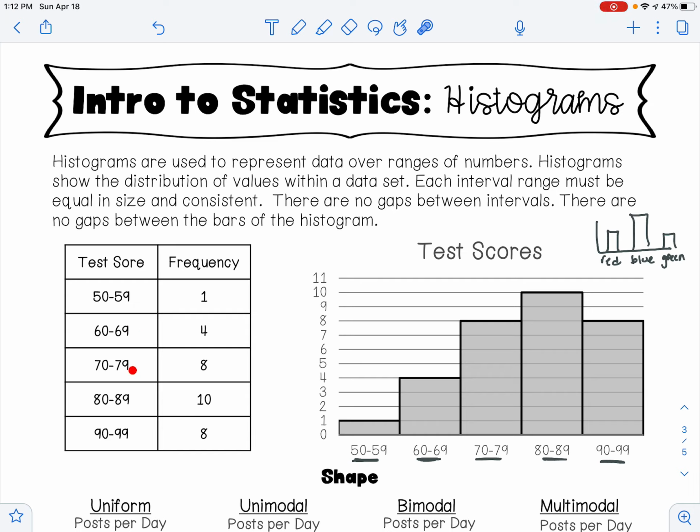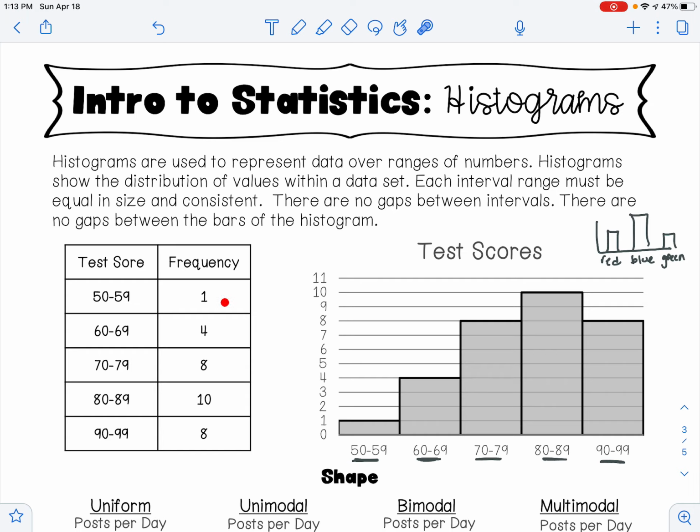The next one after that would have to go from 56 to 58, and so on. So you just need to be consistent with your scale, and you need to have them go up by the same amount every time. You can't just jump from 50 to 59 and then 70 to 79. You would still need to have that 60 to 69 interval.